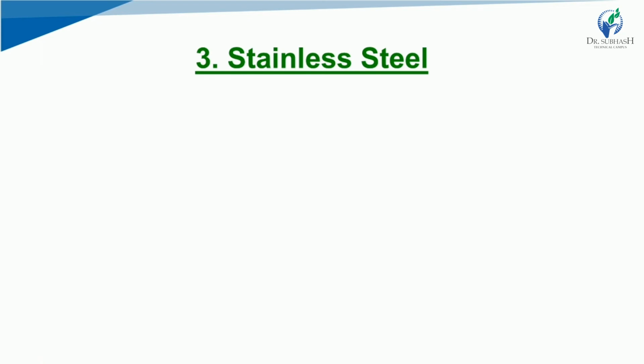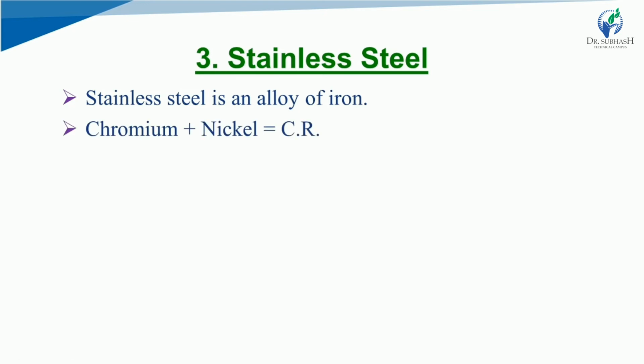Now comes the main and most important one, that is stainless steel. It is also a type of alloy of iron, chromium plus nickel, which means it has Cr, corrosion resistance.